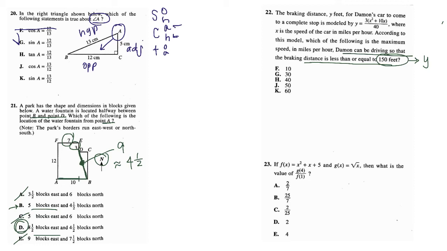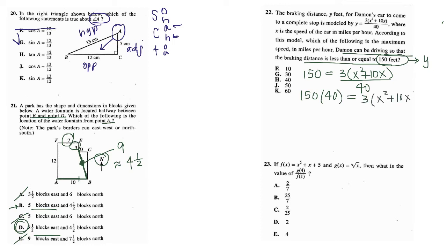And so we have 150 equals 3 times x squared plus 10x, and that's all over 40. Going through here, we would need to multiply both sides by 40. So we have 150 times 40 equals 3 times x squared plus 10x.